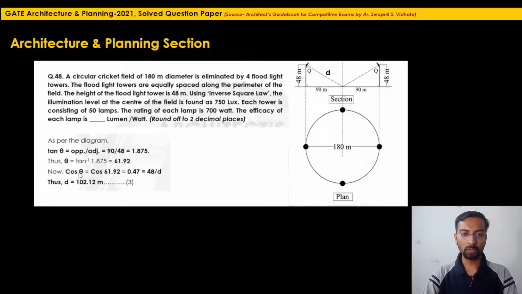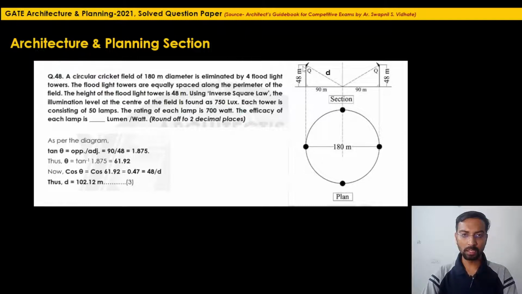Now cos theta will be adjacent upon hypotenuse. So here we have found the value of theta, and we put cos 61.92 equals 48 upon D, adjacent upon D. We know that cos 61.92 is 0.47.